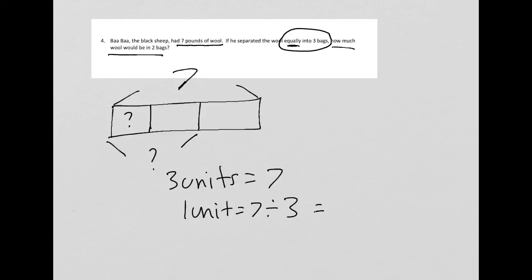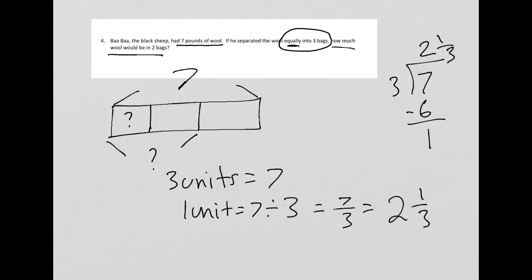Well, 7 divided by 3, I can think of as 7/3, which you can simplify from there into a mixed number, or you can do it longhand. 3 goes into 7 2 times with 6, and with 1 as a remainder, so I get 2 1/3 as my answer.